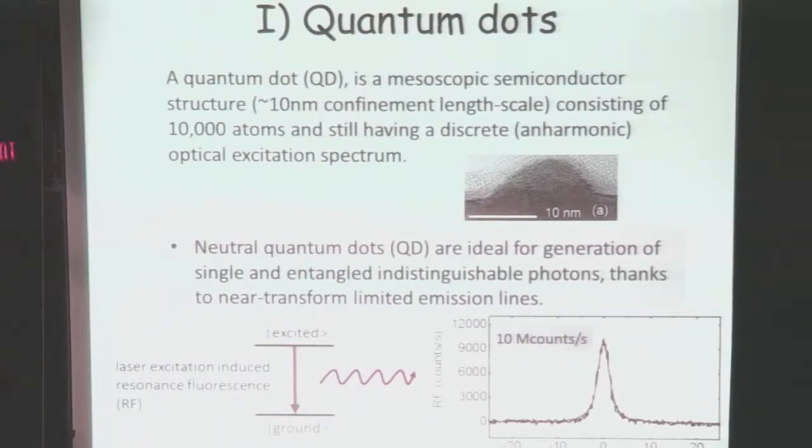With relatively modest cavities, we can achieve about 10 million counts per second extraction of photons from a quantum dot. The experiments I'm going to tell you about are all resonant excitation, looking at photons emitted in resonance fluorescence. In some experiments this will be Rayleigh scattering, in others it will be Raman scattering.